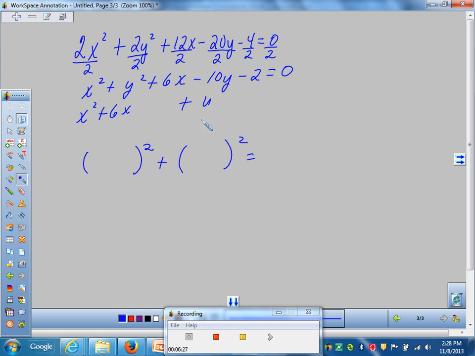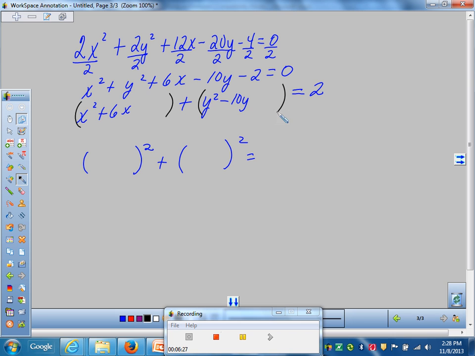Then I'm going to add my y squared, my negative 10y, and I'm going to leave a gap. And Haley says I'm adding the 2 over. Do y'all buy that? Yeah. Because the 2 is not going to be the right number to complete the square, so yes, we're going to throw it to the other side always. Get it out of there. Okay, so what you're actually doing here is you're just completing the square. You're going to have a trinomial here, 3 terms, and then you're going to have another 3 terms. We just have to complete the square twice.